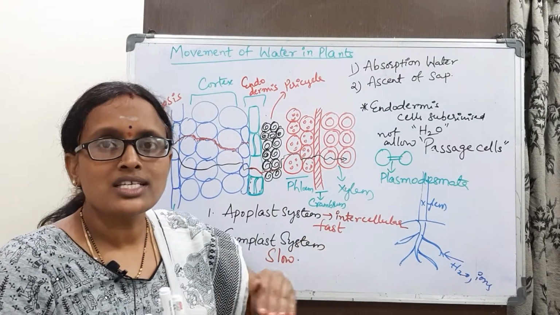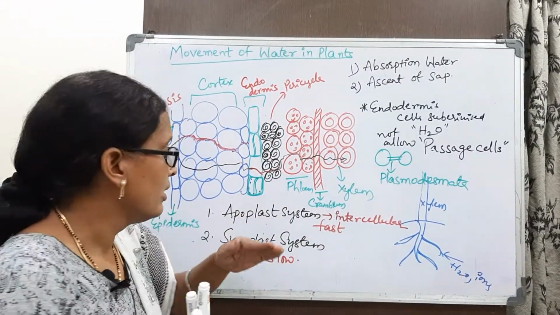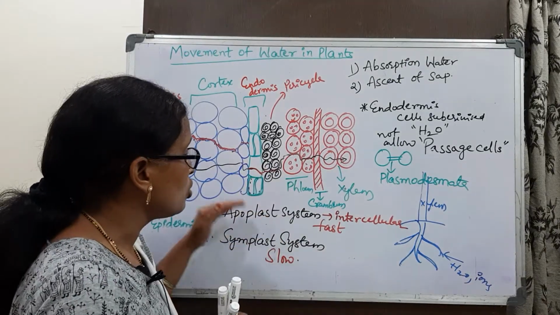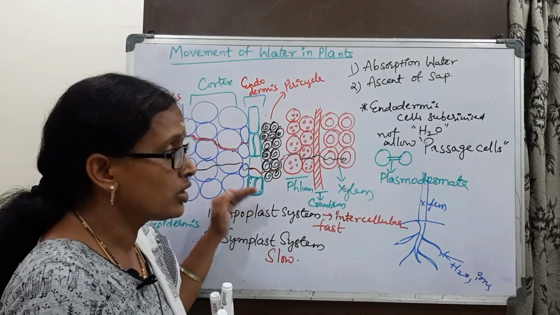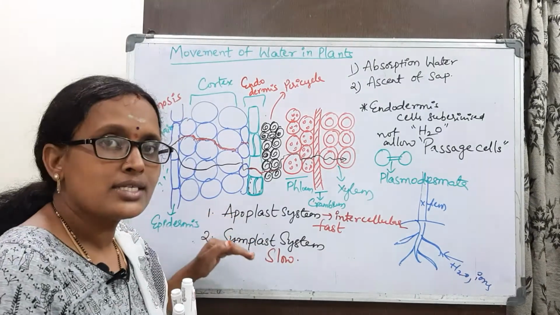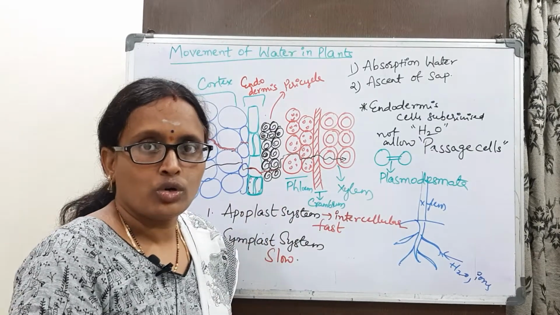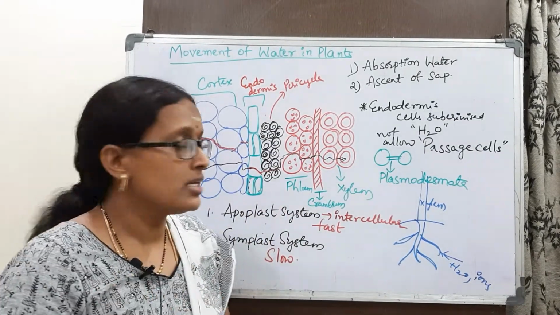Symplast is through the cell, water is moving through the cell. So in plants water is absorbed by the two pathways, apoplast and symplast.